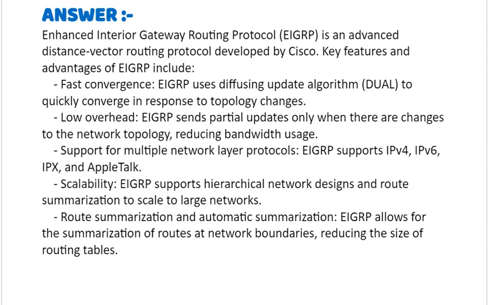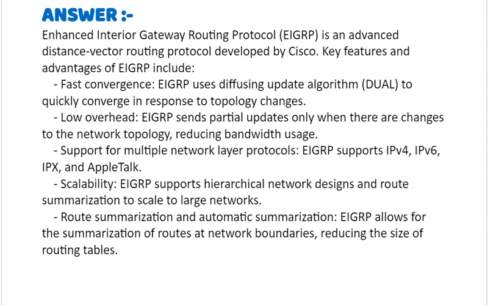Next point is low overhead. EIGRP sends partial updates only when there are changes to the network topology, reducing bandwidth usage. Next point is support for multiple network layer protocols. EIGRP supports IPv4, IPv6, IPX, and AppleTalk.